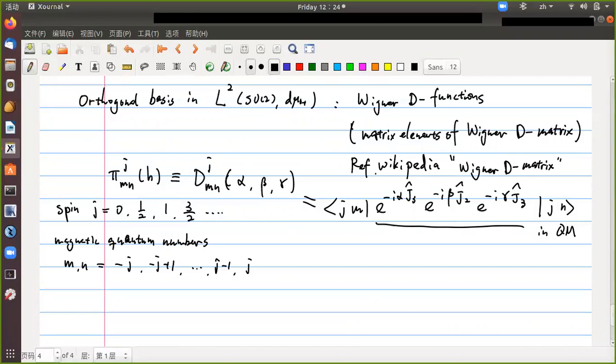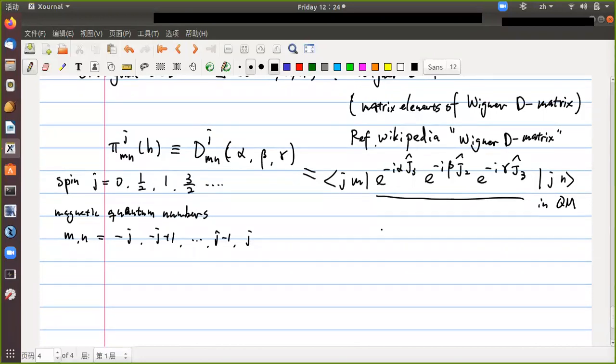They are the basis in the spin J Hilbert space, what we call V_j. This is the SU2 spin J irreducible representation.